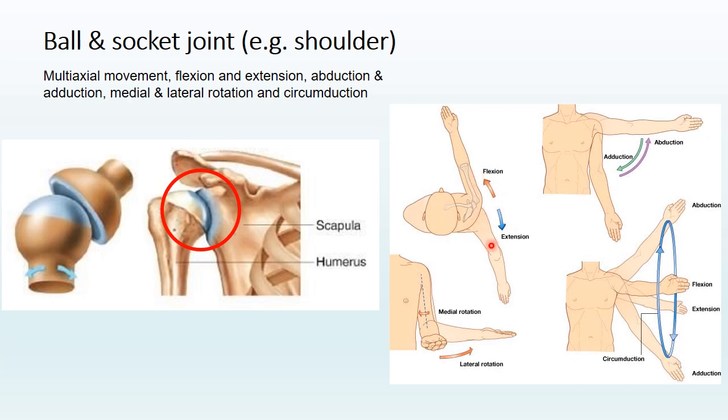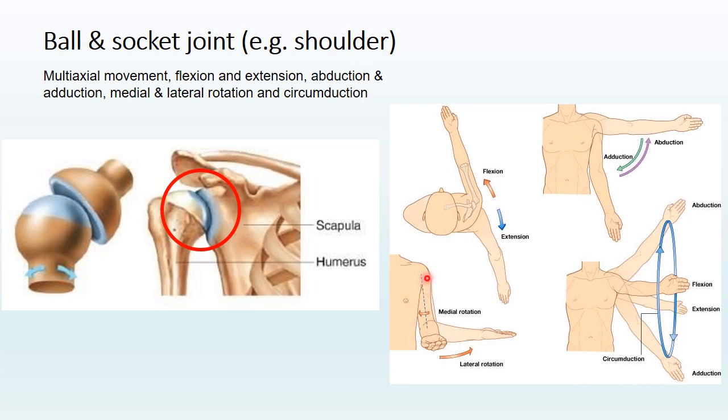This joint is a multi-axial joint, moving in three or more planes. In the shoulder there's flexion, extension, abduction, adduction, medial and lateral rotation, and circumduction.